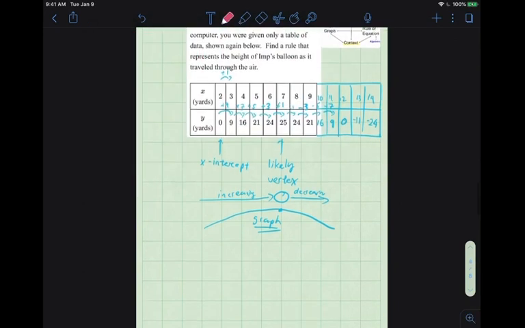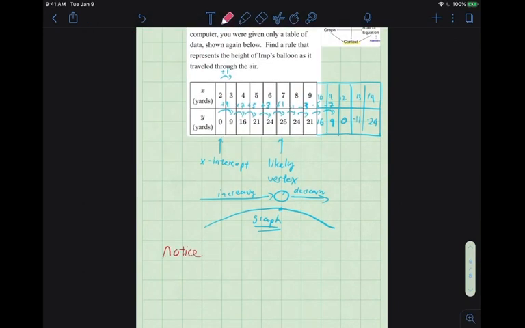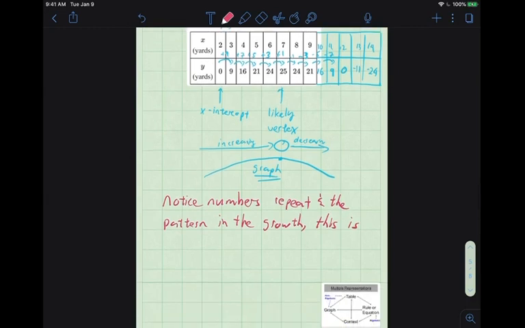So notice that the numbers repeat, and the pattern in the growth. This is what symmetry looks like on a table.